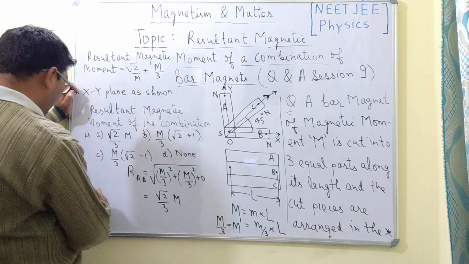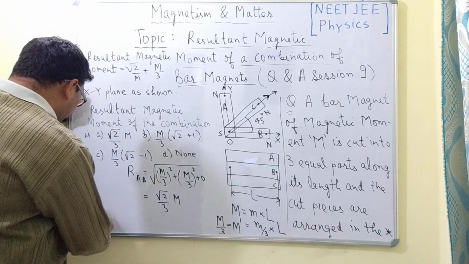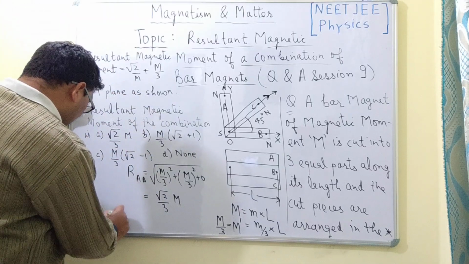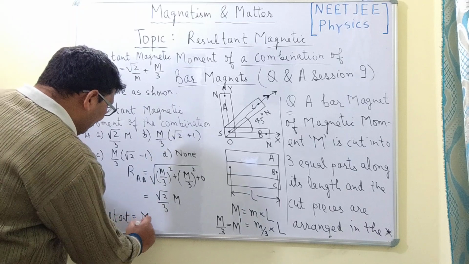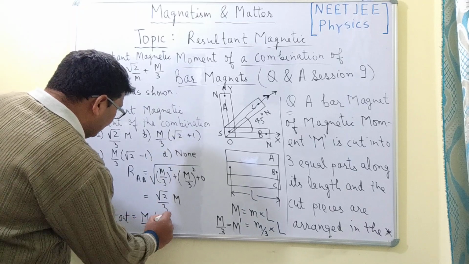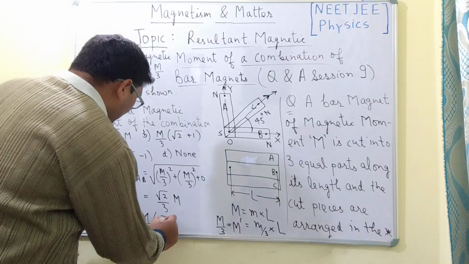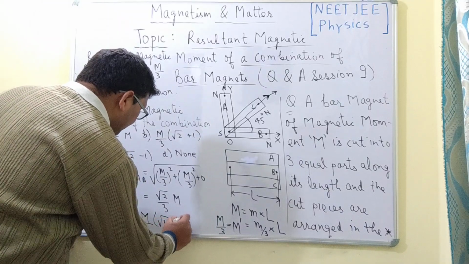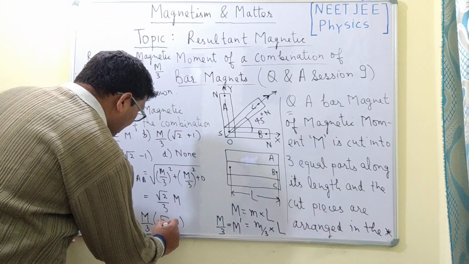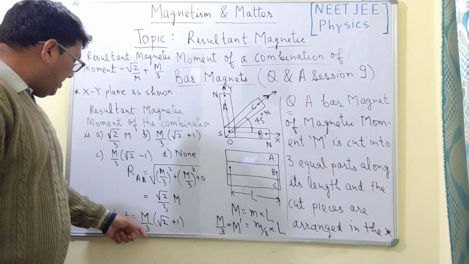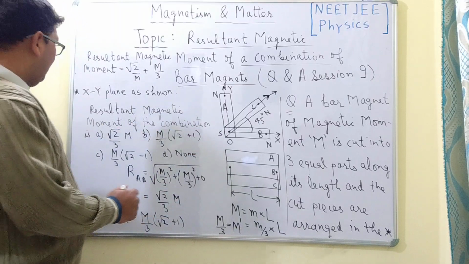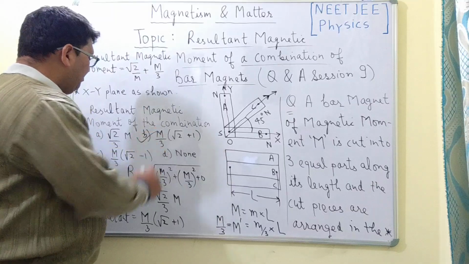That is, the resultant will be equal to m by 3, taken as common, and in the bracket I will be getting root 2 plus 1. So the resultant magnetic moment of this combination will be equal to m by 3 in bracket root 2 plus 1, and the correct option will be B.